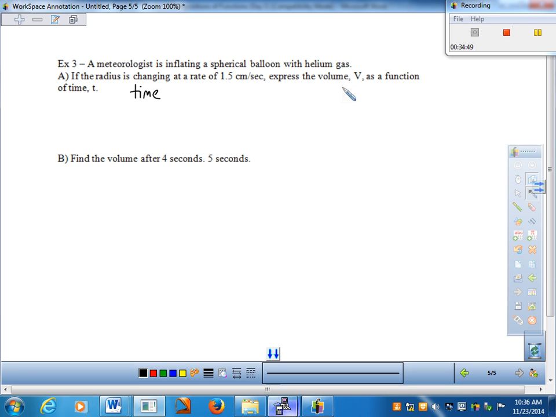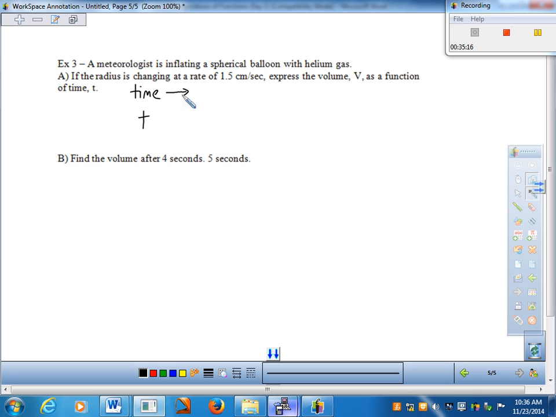So I guess I'd look at this and I start out with t. That's my input. And the question is, what do I know if I have the number of seconds? Well, if you look at part A in a little detail, it does say that the radius is changing at a rate of 1.5 centimeters every second.